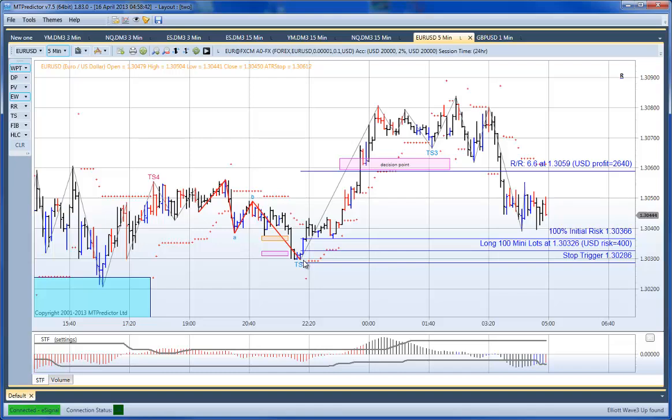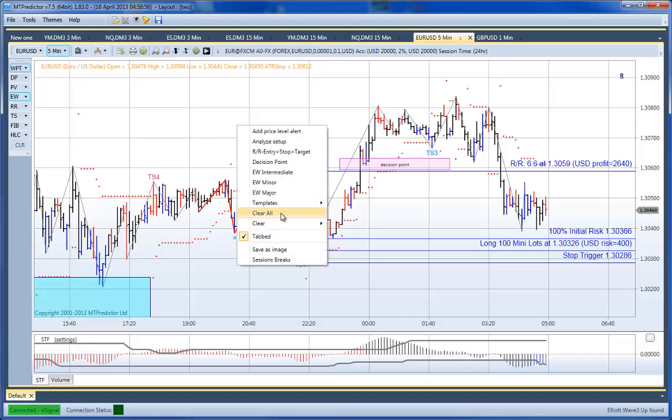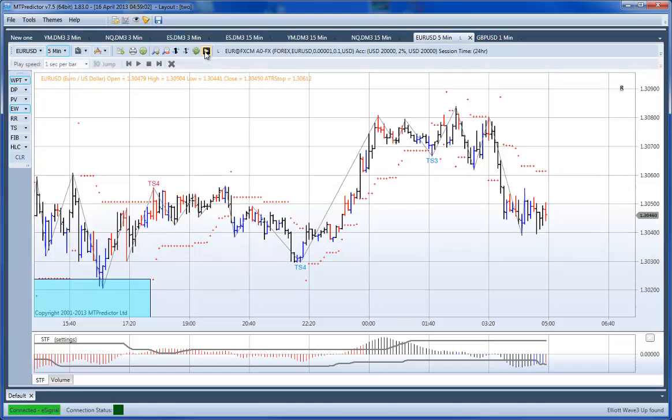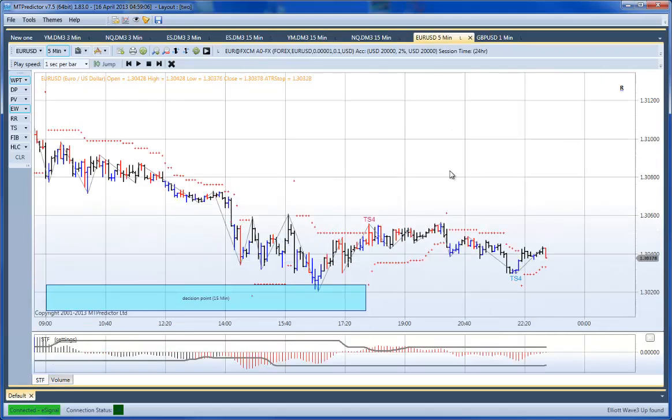So how do we then project the wave 3 target, because we're assuming this is a wave 2? Well, for this again we need to have it in advance, and again we use our advanced tools in MTPredictor. So I'll just take this analysis off, clear analysis, and use our WP2. And in fact, first I'll take the chart back to around here somewhere.